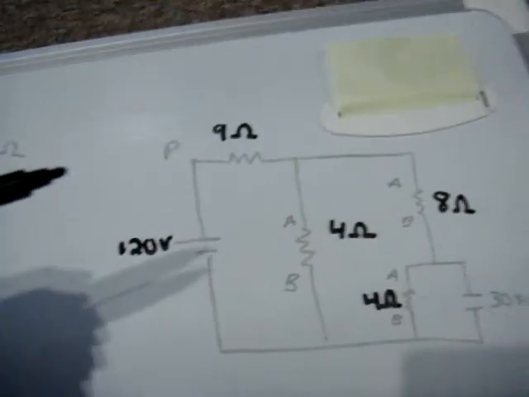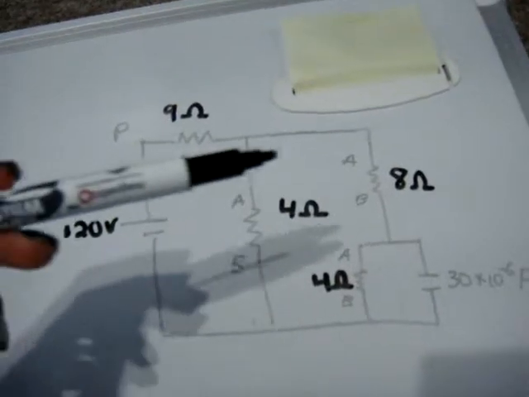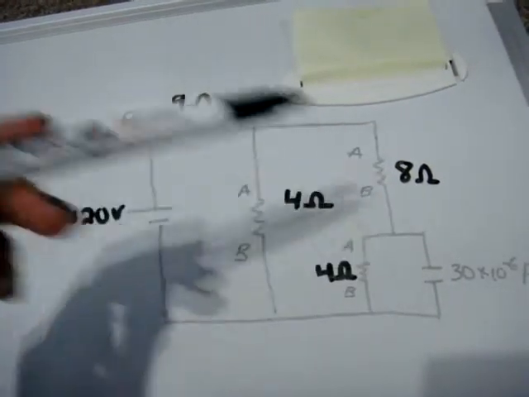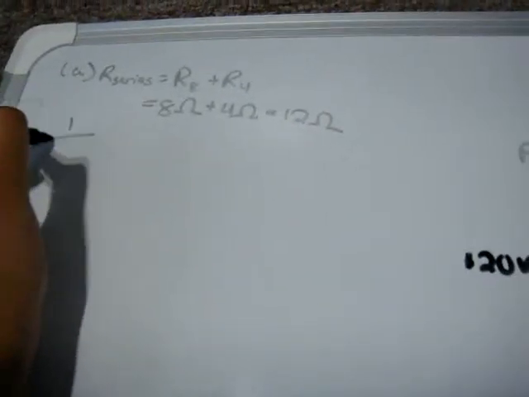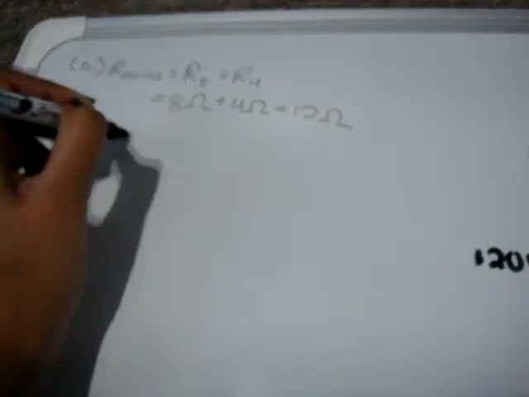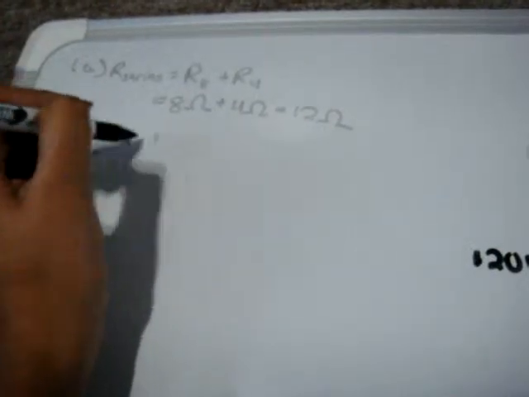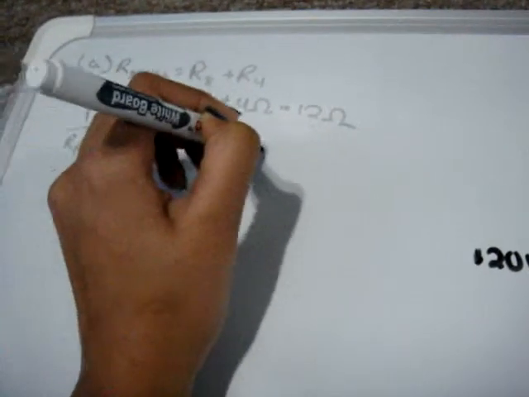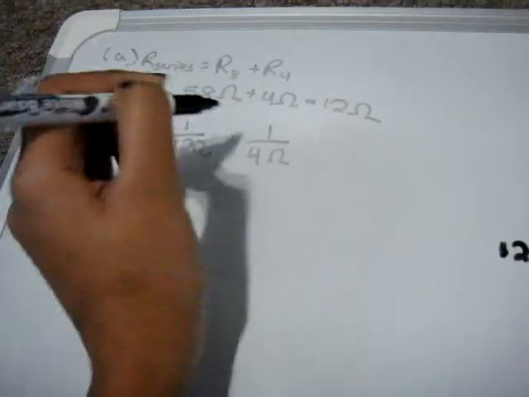Now we're going to do the parallel. So we'll have this line, which we calculated, added with this line. For parallel resistors, you have to do the reciprocal. So 1 over R parallel will have 1 over 12 ohms, which was the added resistance right here, plus 1 over 4 ohms.